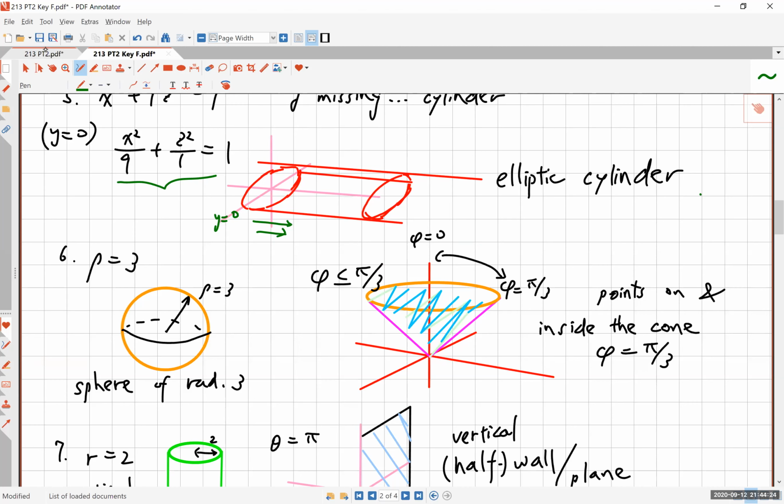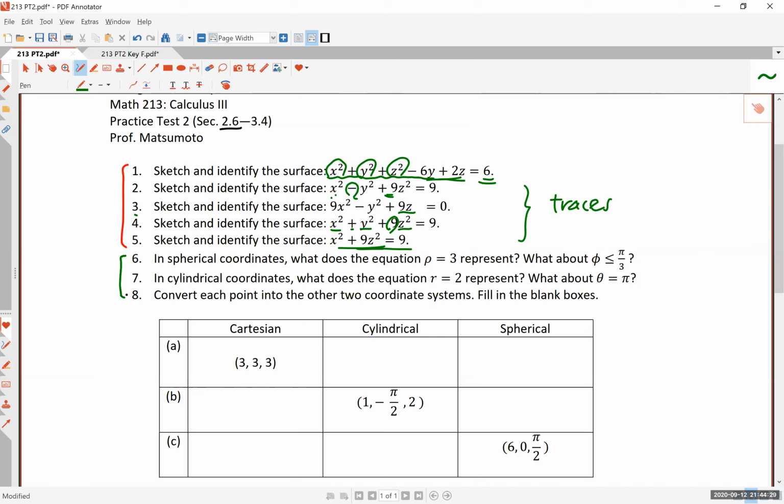All right, numbers 6, 7, and 8, they all have to do with these different coordinate systems in 3D that you learned. Specifically, I'm talking about cylindrical coordinates and spherical coordinates. These two systems, along with the one you were already familiar with, the Cartesian coordinate system, otherwise known as the rectangular coordinate system, you should be able to switch from one to the other two.